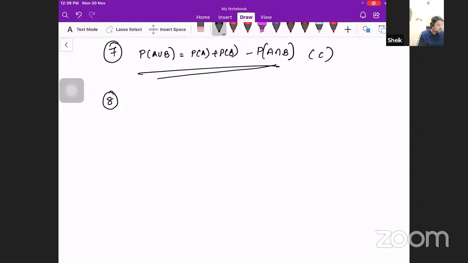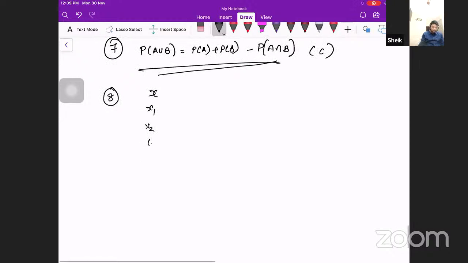If a random variable x assumes x1, x2, x3 up to, sorry, 4 up to 4 only they said, and probabilities P1, P2, P3, P4, then the expected value of x is nothing but x into P of x.